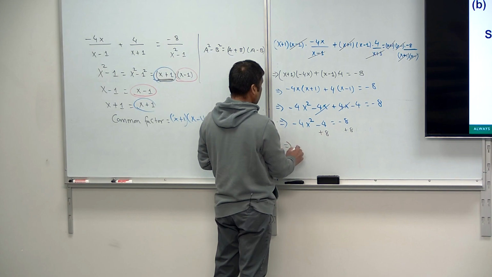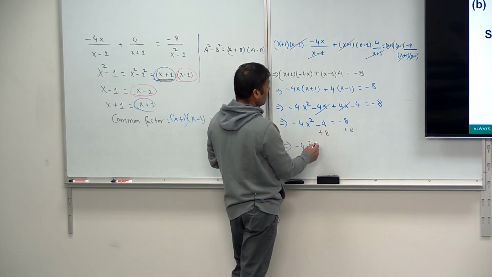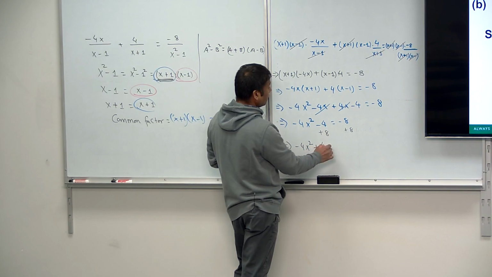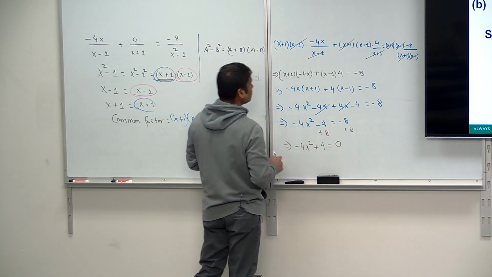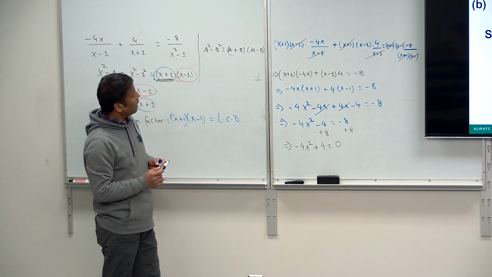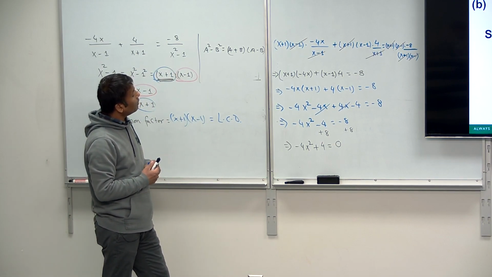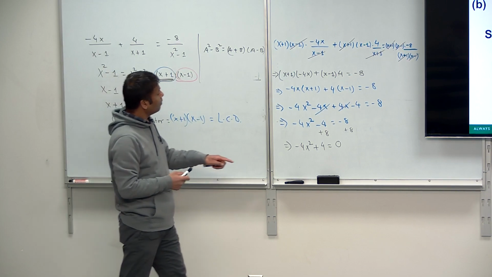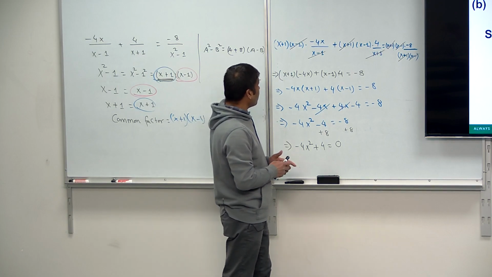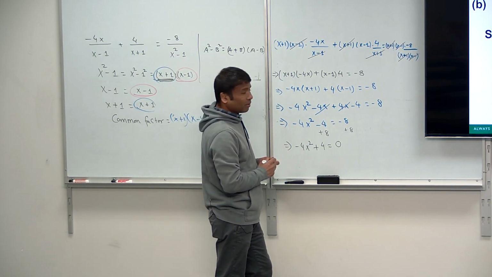So you have negative 4x squared. Negative 4 plus 8 is positive 4 equals 0. And you see you can factor out negative 4, right? From here you can divide by negative 4, it's the same thing.